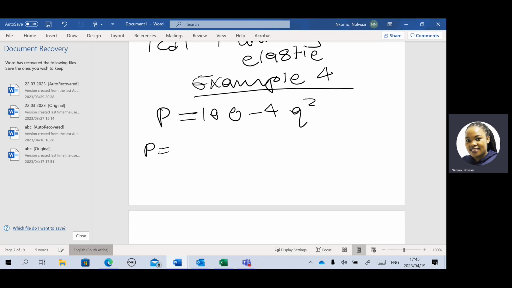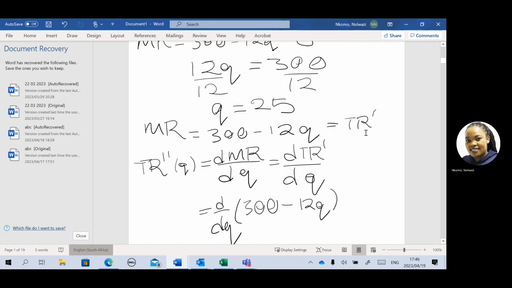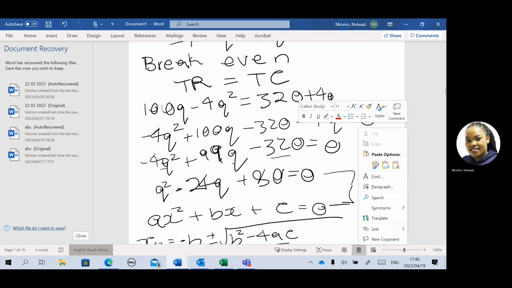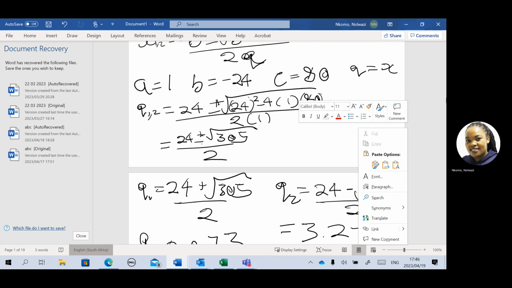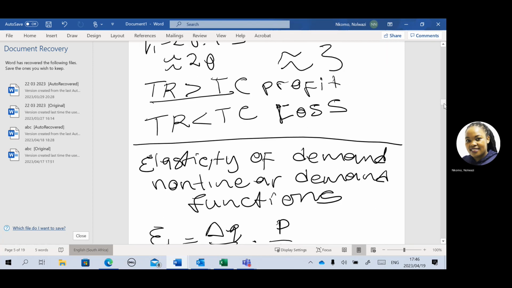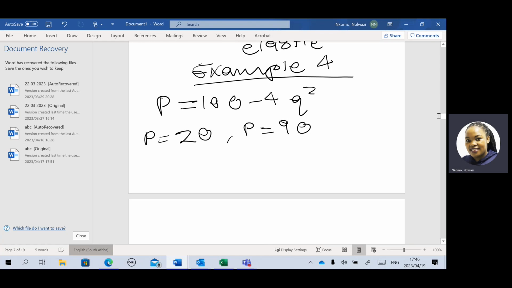Maybe at P equals 20, at P equals 90, and P equals 200.